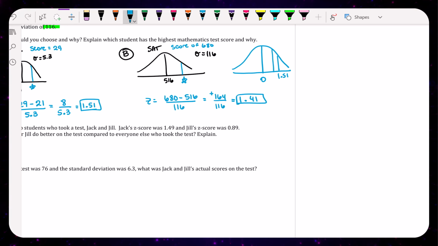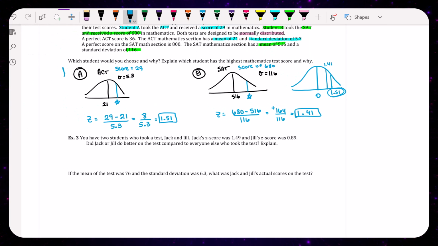They're very close. Okay, but which one's better? This one. This one's a little bit further away from the mean than the SAT one. So the best thing is go ahead and give that scholarship or let that person into the college. They just barely beat out student B for that position.